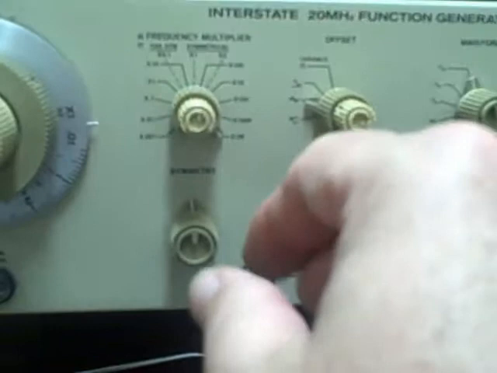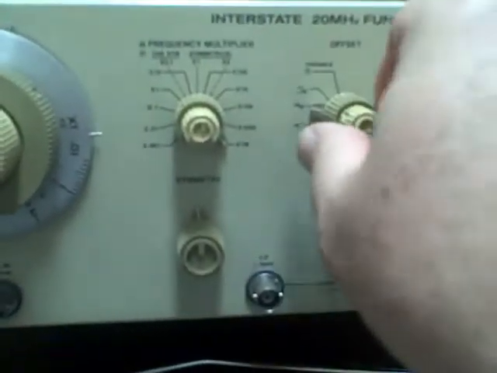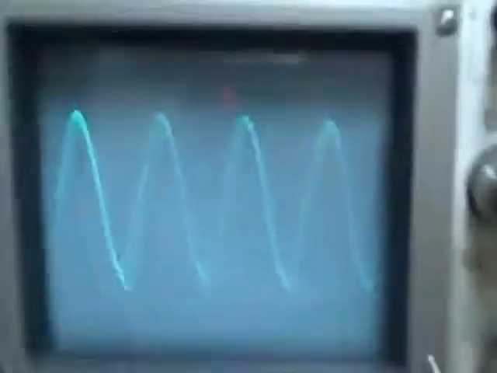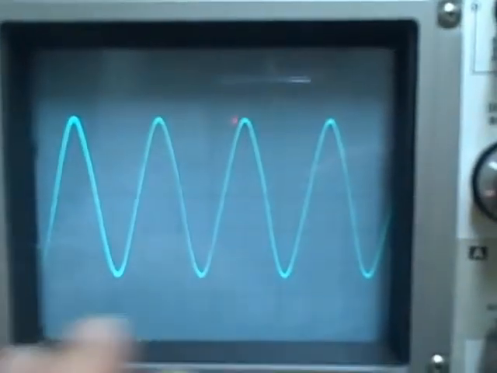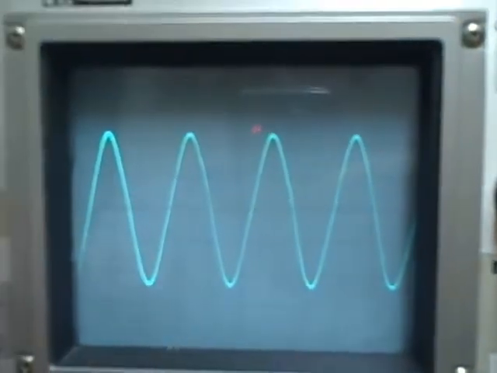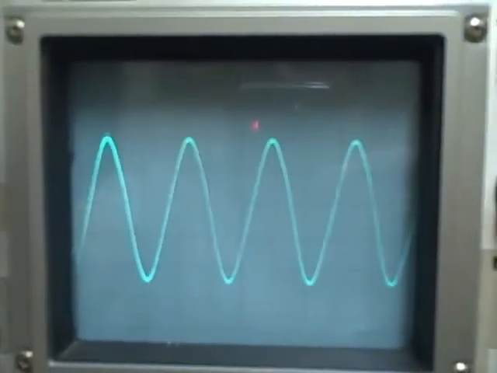We have what they call the variable offset, where we can adjust the position of the waveform relative to a DC line. So if I put this onto DC, and then if I change this dial now, where I say put the trace above the DC line, that's exactly what it did.